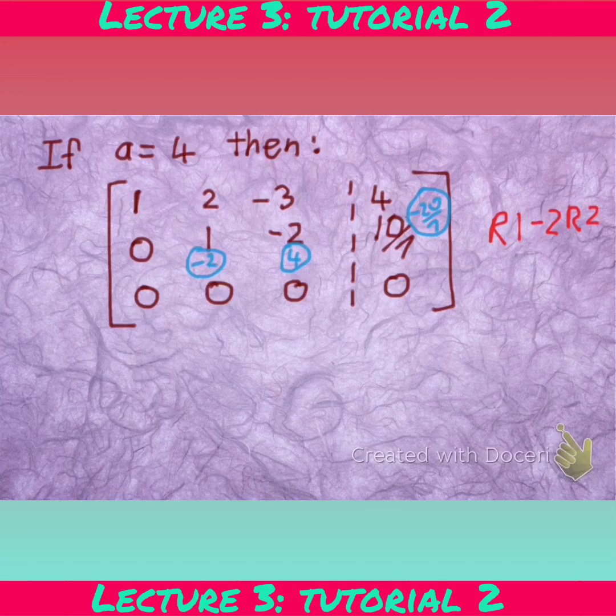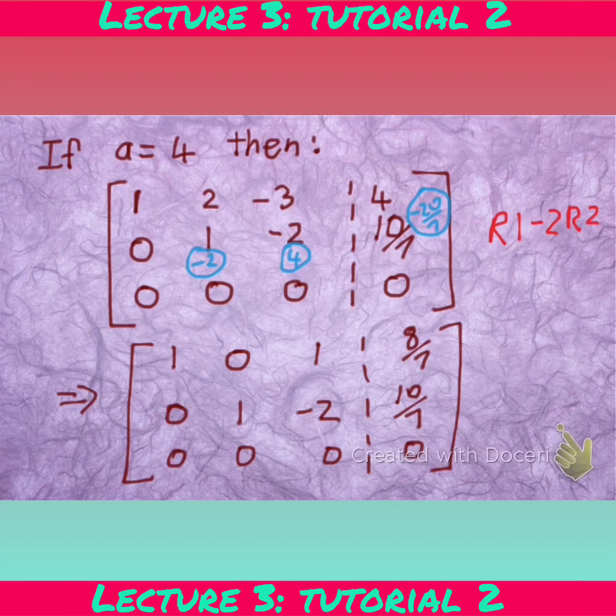So the second entry in the first row is going to become 2 plus minus 2, which is 0. The third entry is going to be 4 minus 3, which is 1. And the last entry is going to be 4 plus minus 20 over 7, which is 8 over 7.